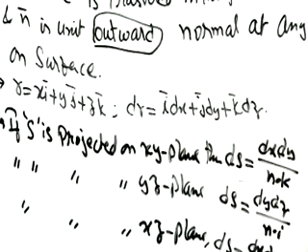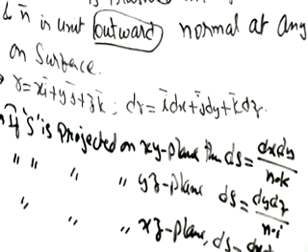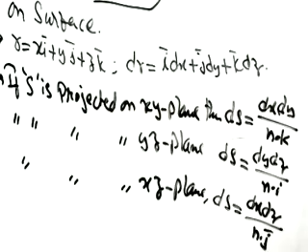These are the basics. We already know r is xi plus yj plus zk. If you differentiate, dr will become i dx plus j dy plus k dz. And the next thing is, when we do the problems, generally we will project the surface either on the xy plane, or yz plane, or zx plane.